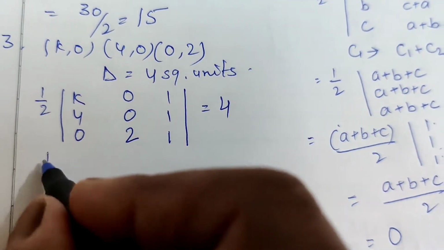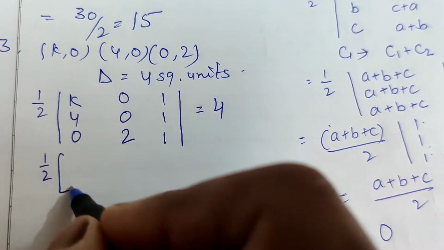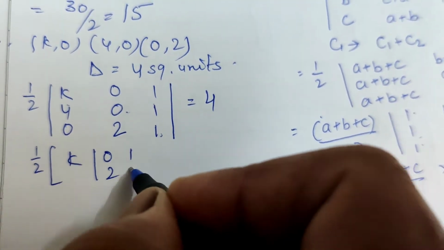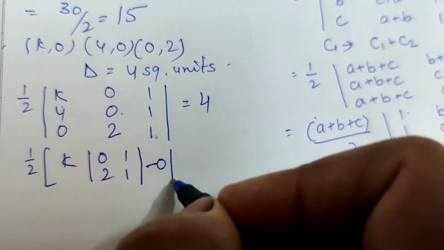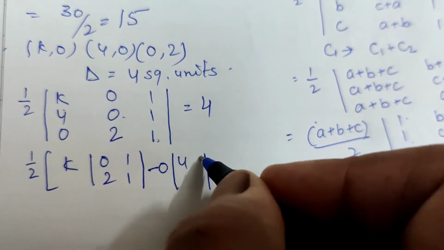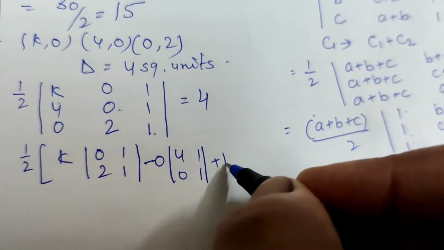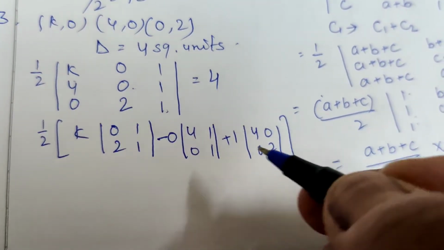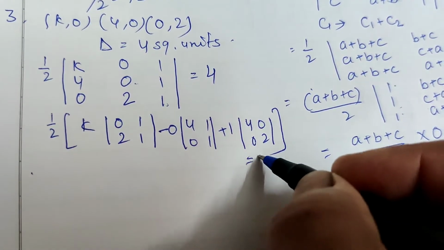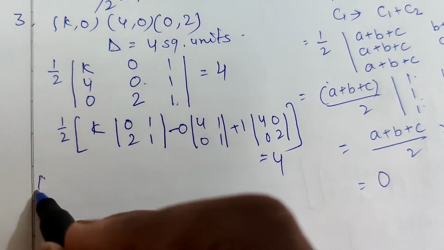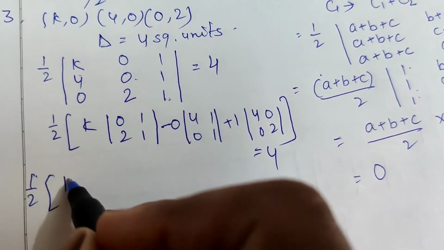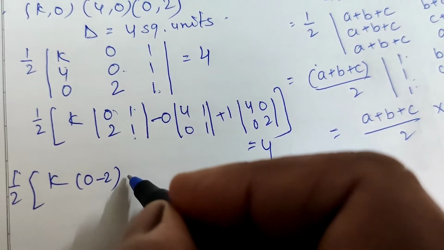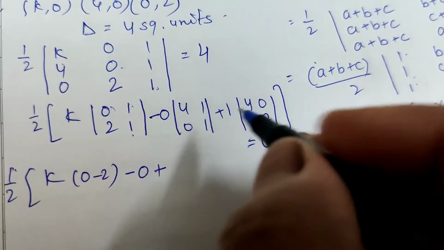Now solve only the first: K times its minor, minus 0 which will remain 0, and the third one 4 times its minor, equal to 4 square units. Now solve 1 by 2, K into (0 minus 2), which is minus 2K, and 4 into 2, 8.